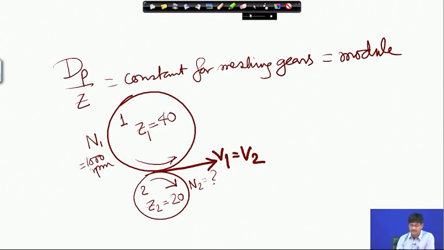If V1 is equal to V2, we can say V is nothing but equal to R omega.